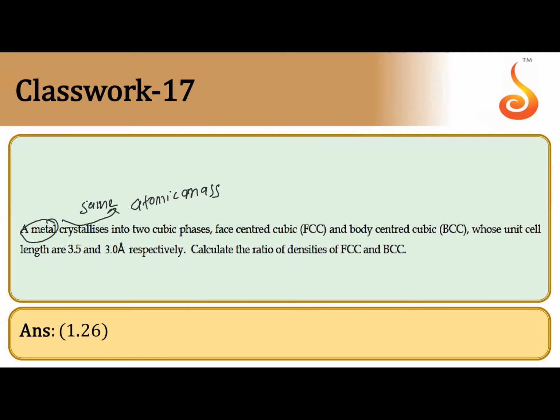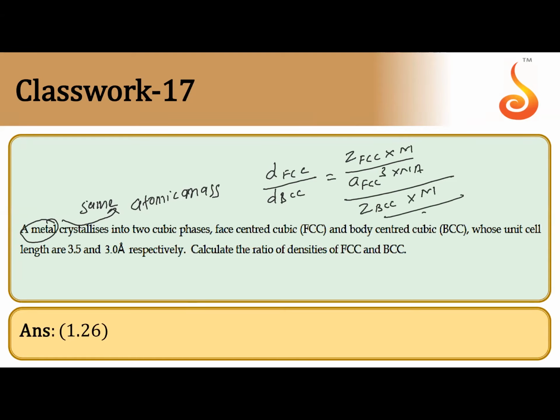Therefore, density of FCC by density of BCC will be Z into M by a FCC cube into Na, divided by Z BCC into the same atomic mass by a BCC cube into Na.